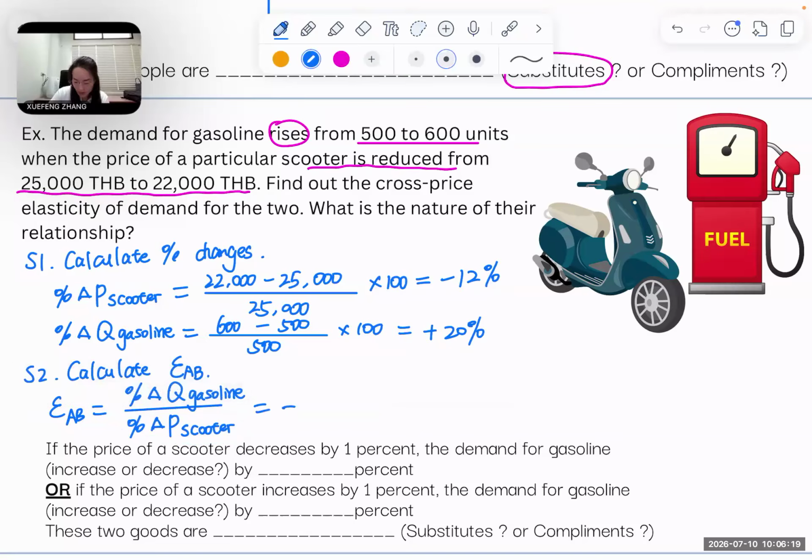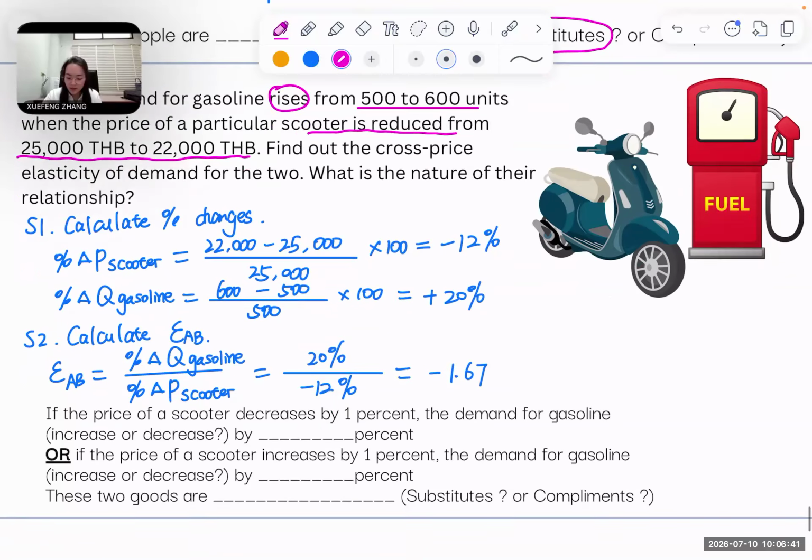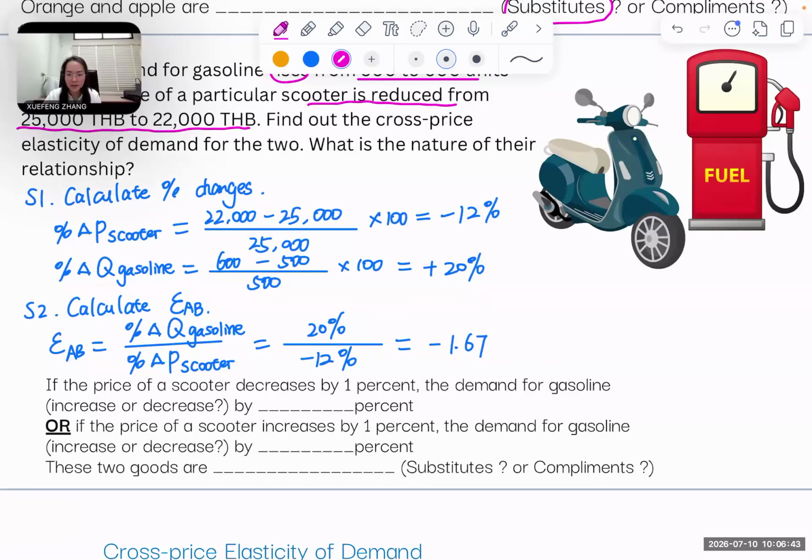Okay, you plug in numbers. We have 20% over negative 12%, which is negative 1.67. What is this? Okay, so since the epsilon AB is negative, which means they are complements.